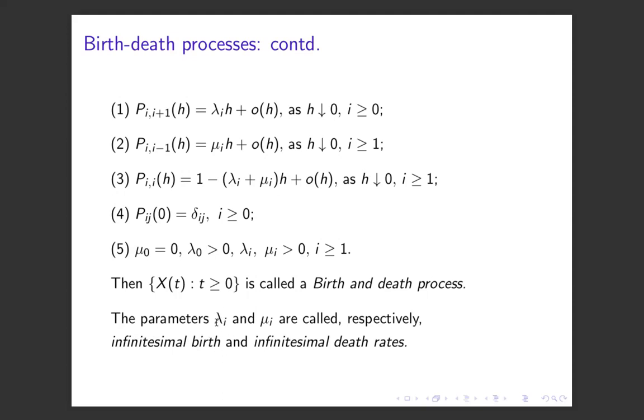The lambda i's are called infinitesimal birth rates, and the mu i's are called infinitesimal death rates, depending on the current size of the population, namely I. Please note it down.